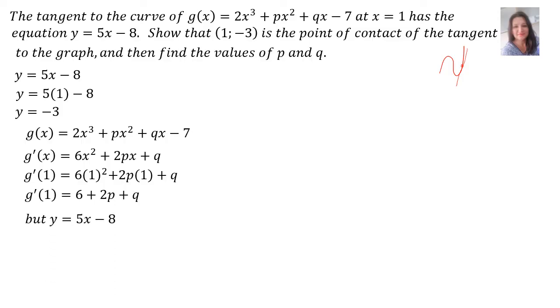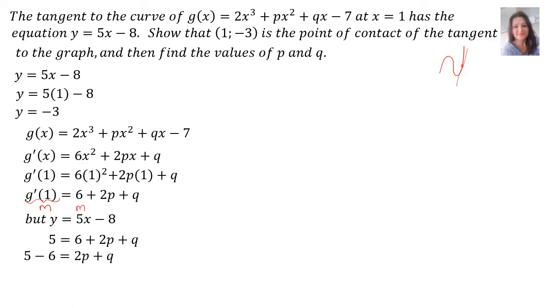So we have the tangent's equation. It's y is equal to 5x minus 8. So 5 is the gradient. And the derivative also means gradient of tangent. Therefore, on the left-hand side, we can equate to 5 equals 6 plus 2p plus q.